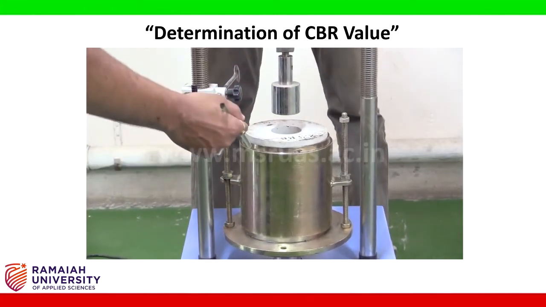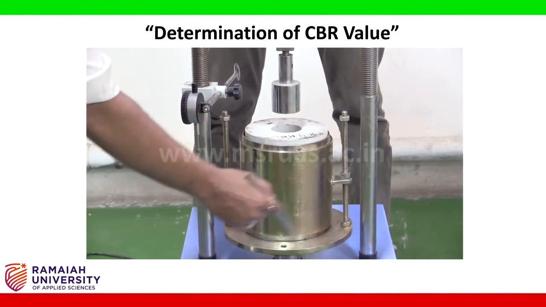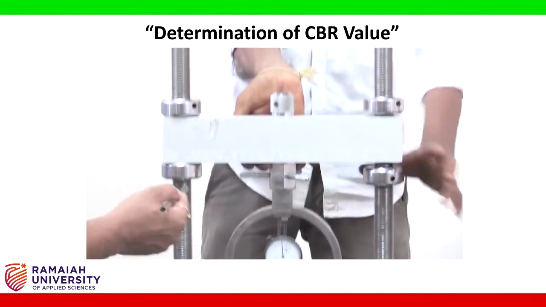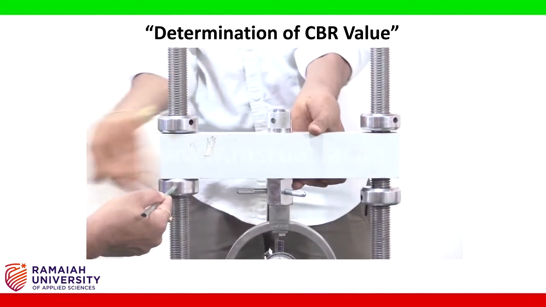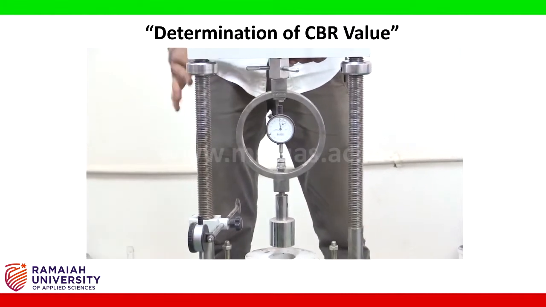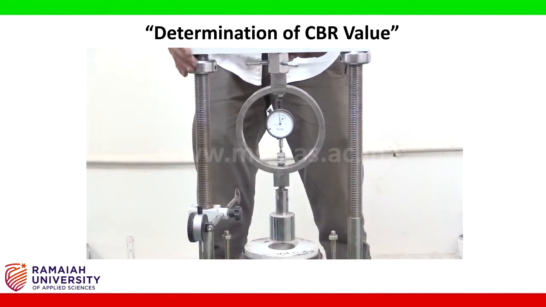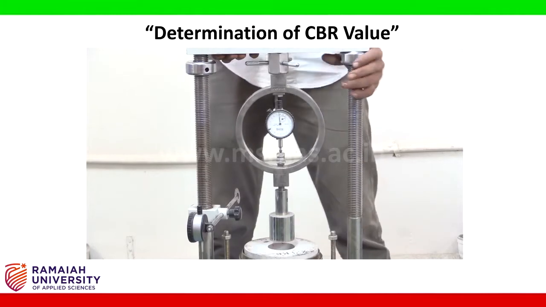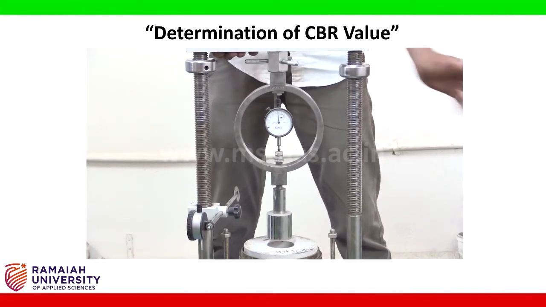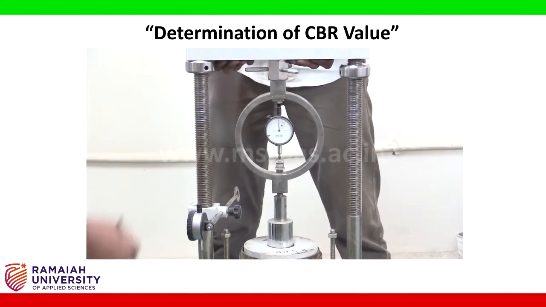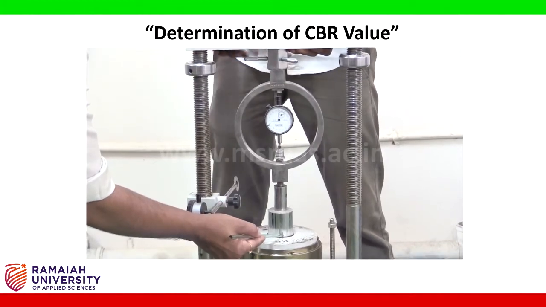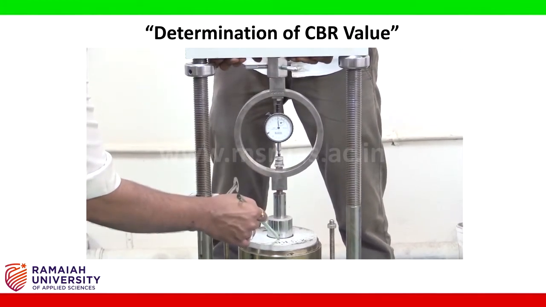Once the specimen is placed firmly on the base of this apparatus, it is time to adjust the screws such that the position of the reaction frame can be adjusted as required. Loosen the screws to ensure proper seating of this 50 mm plunger on the specimen.